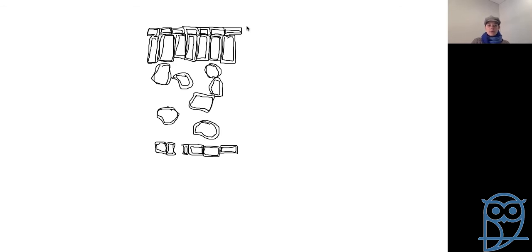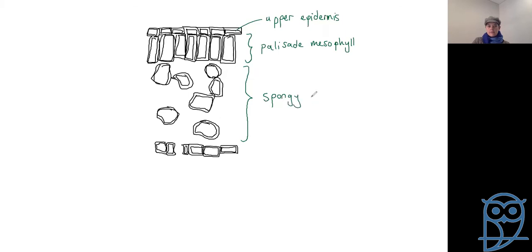At the very, very top, we have here the upper epidermis. So all about protection and waterproofing of the leaf. Near the top of the leaf here, we have our palisade mesophyll cells. Okay, the palisade mesophyll layer, all about photosynthesis. Then we have this far more interesting spongy mesophyll layer.